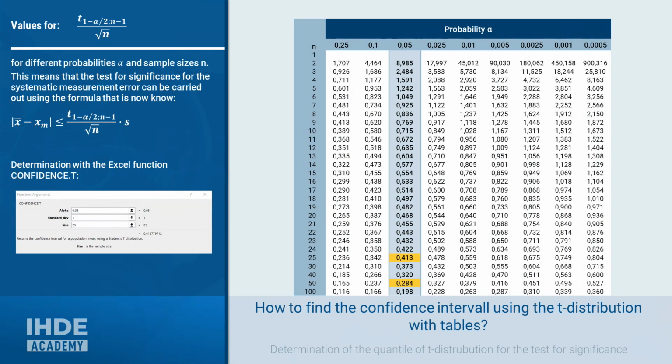At the beginning of this chapter, we saw the table for the quantiles of the t-distribution for different significance levels alpha and degrees of freedom f. Corresponding values for various levels of significance are also summarized in tables for the values just used for the confidence intervals. An example is shown here and can also be found in the relevant specialist literature. After this chapter, you should now be able to use them professionally.